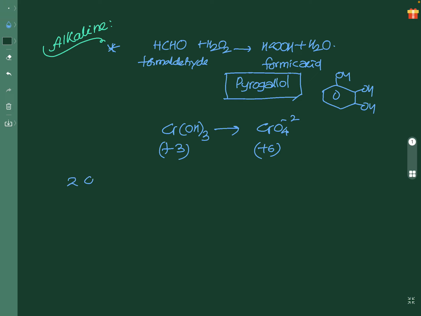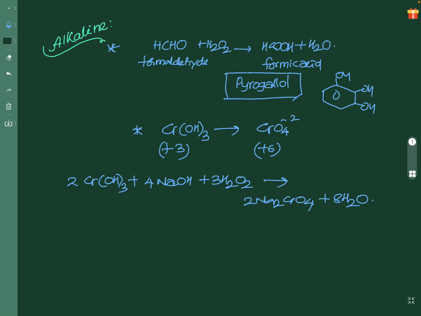In a balanced equation, chromium hydroxide in the presence of base, sodium hydroxide, with hydrogen peroxide H2O2 is oxidized to Na2CrO4, sodium chromate, along with water. It's a balanced equation, but remember this point: chromium hydroxide is converted to chromate, where the oxidation state changes from +3 to +6.